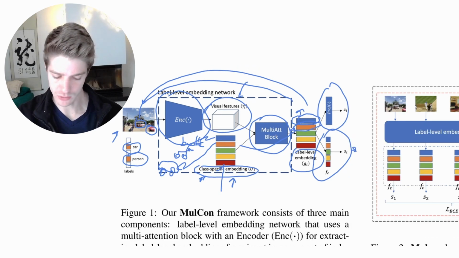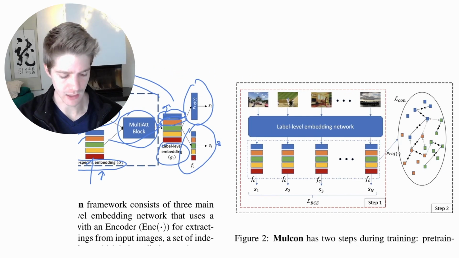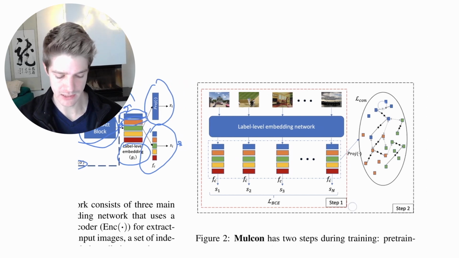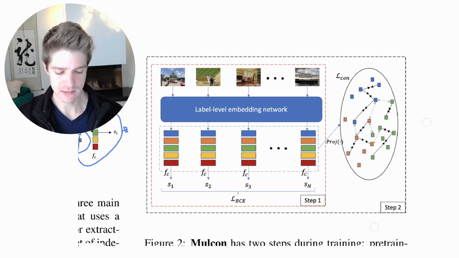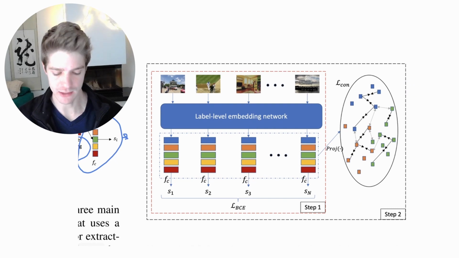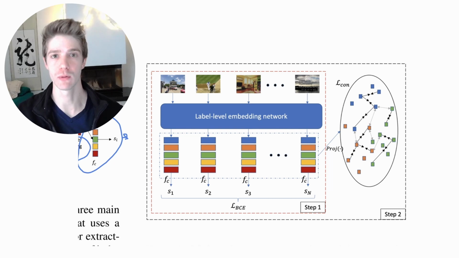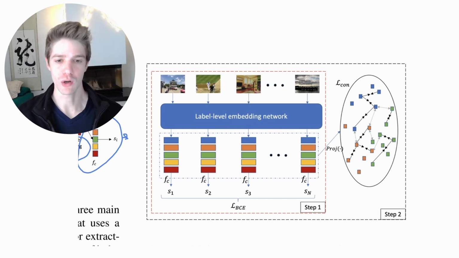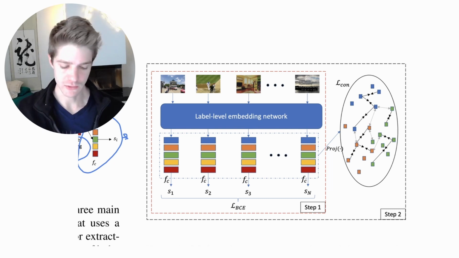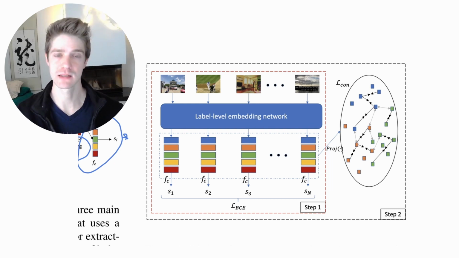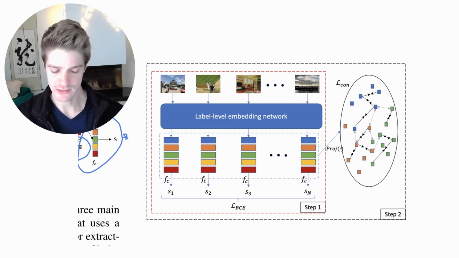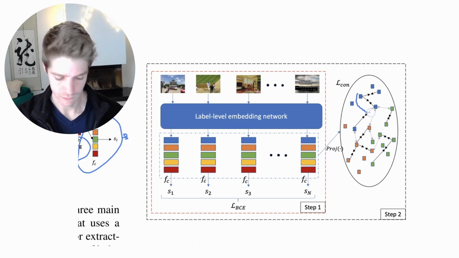So what they do is, after this projection head on top of the label-level embeddings, they mask and take just the embeddings that are in the image, because the images are labeled, so we know what objects are inside them. So after this mask operation, we take just the embeddings with a label in the image. For example, these three.